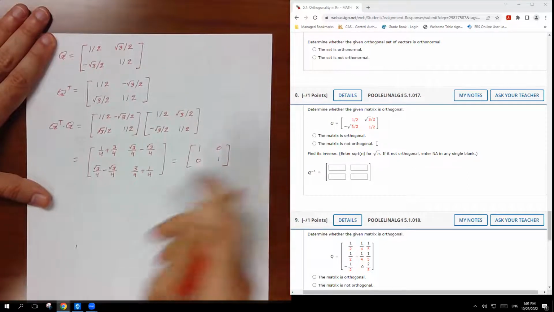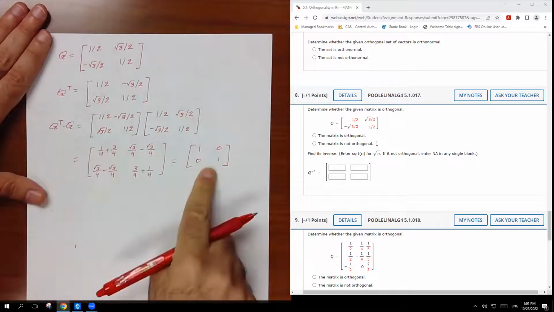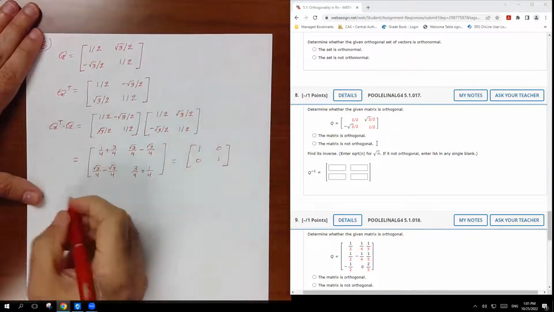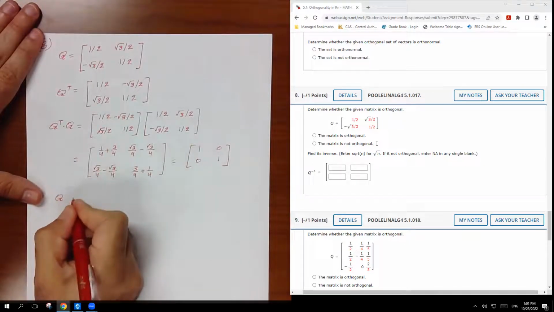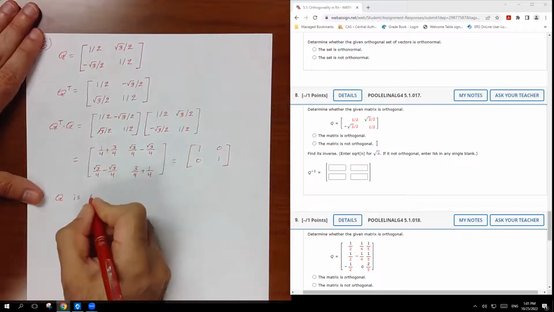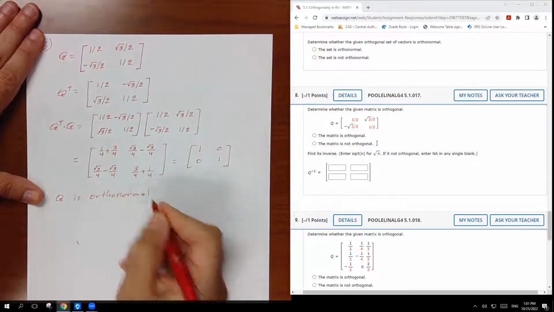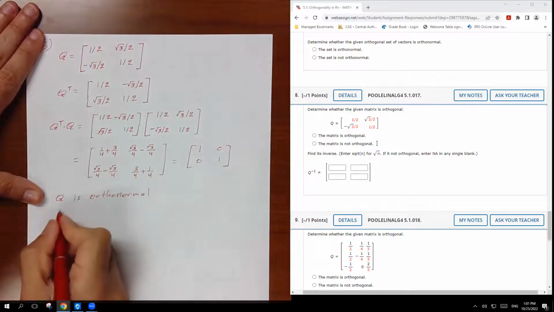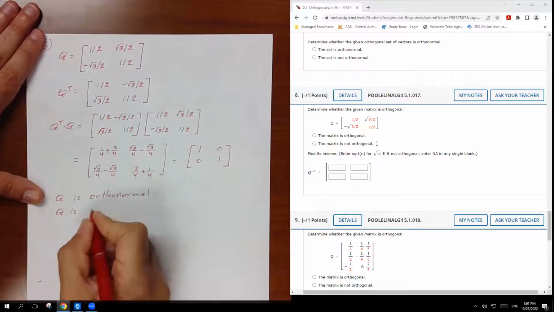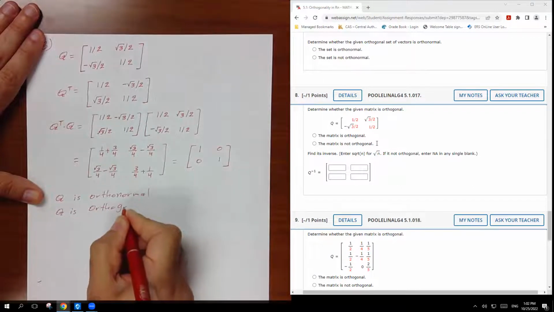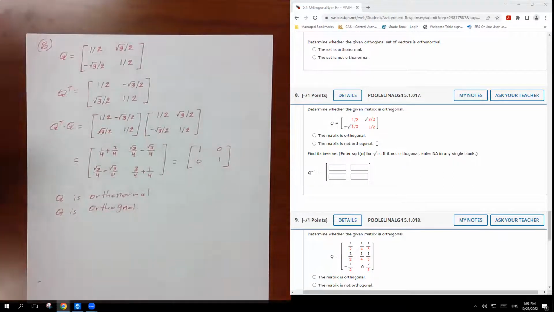So the multiplication between Q transpose and Q equals the identity matrix. That means Q is orthonormal, and if Q is orthonormal, that means Q is orthogonal. So that's how to prove the orthogonal matrix. So we're just going to type Q is orthogonal matrix.